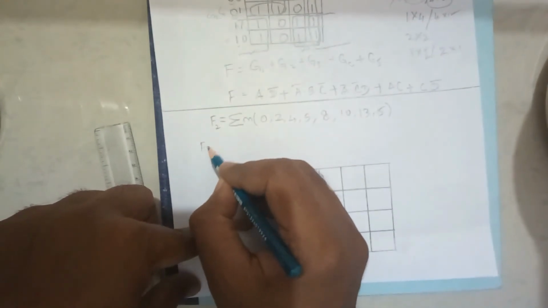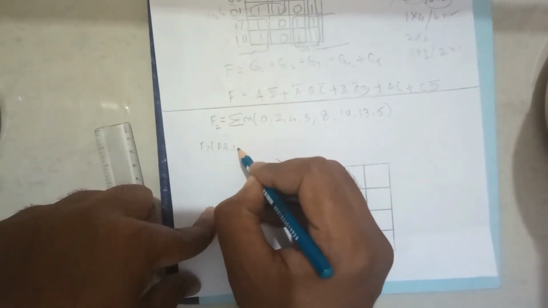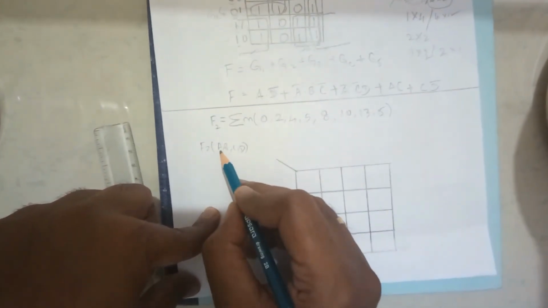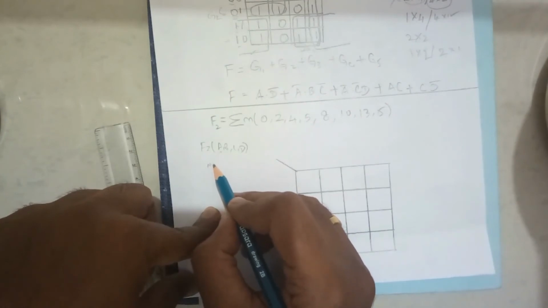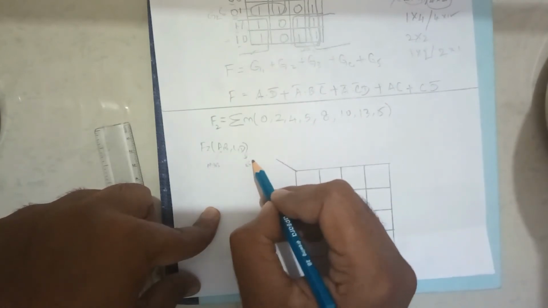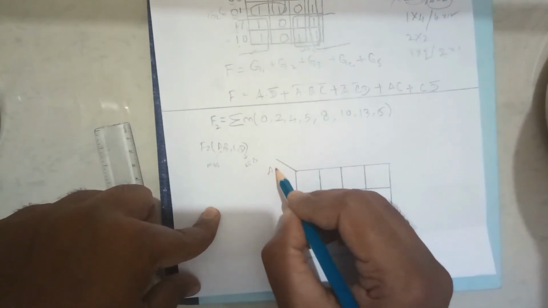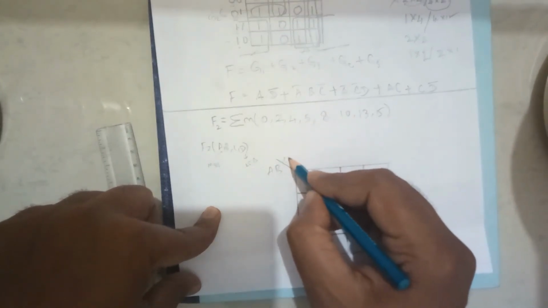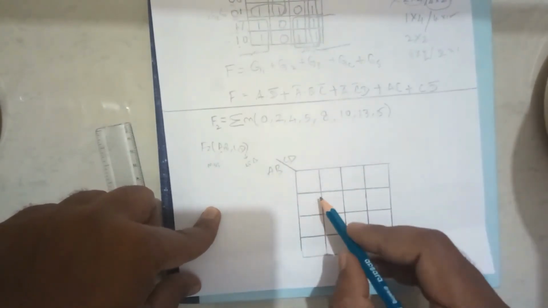So let me write that function f2 as a, b, c, d, like this I can write it up, and a must be the most significant bit and d must be the least significant bit. So in this case a b I have chosen for row wise and c and d is chosen for column wise.